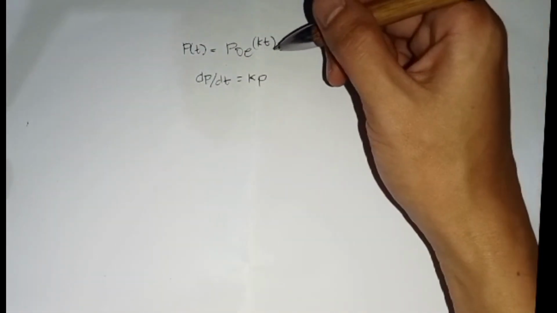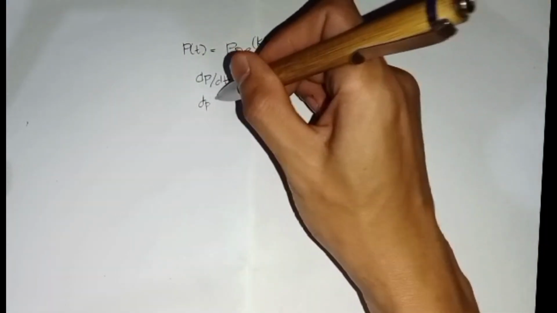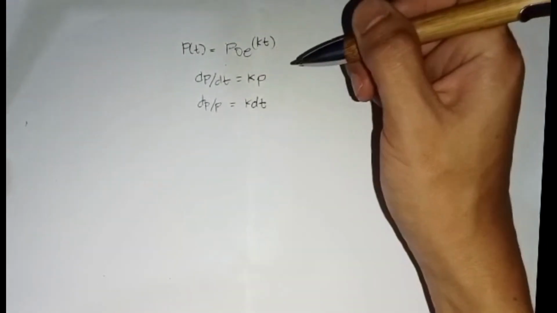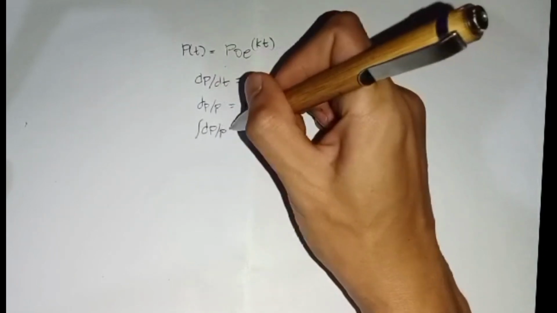To derive the general equation, P of t is equal to P0 e raised to the power of kt, we can start with the differential equation dP over dt is equal to kP. In this form, we can use separation of variables: dP over P is equal to k dt. Now, we can integrate both sides.